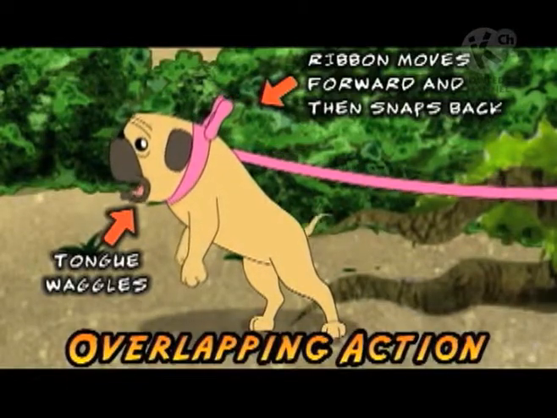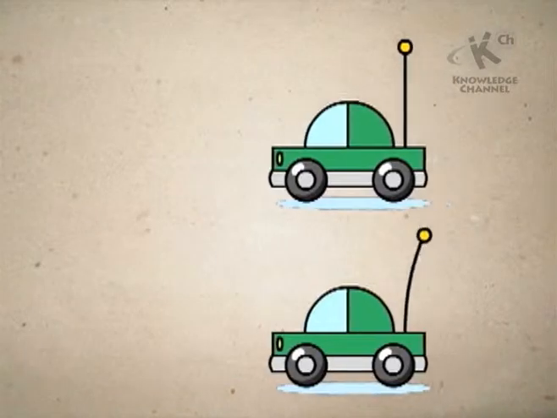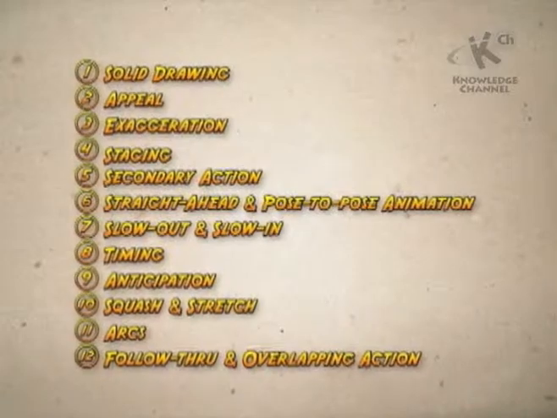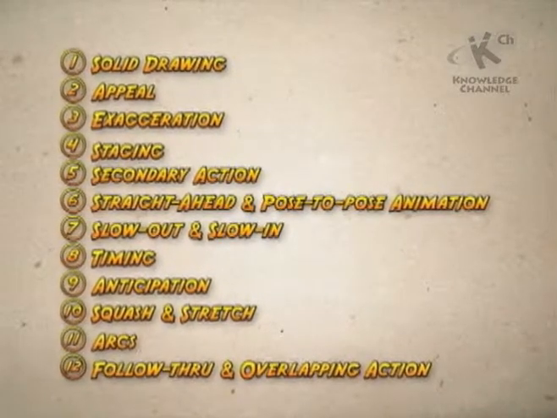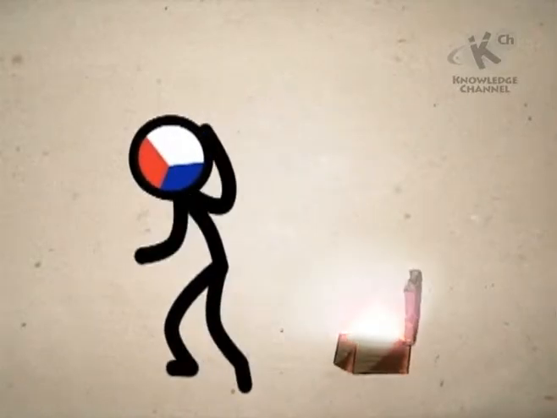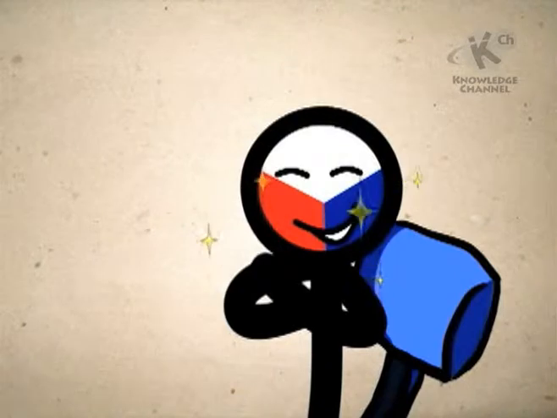This is overlapping action. Timing plays a crucial role to make the follow-through and overlapping action effective. And these are the secrets to making good animated sequences. So now, with the 12 principles of animation, you're ready for world domination!